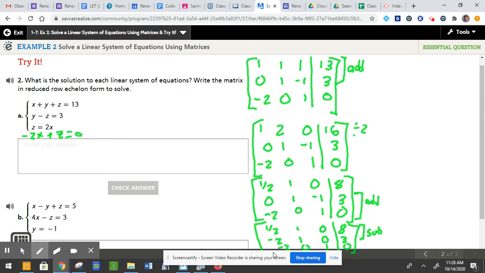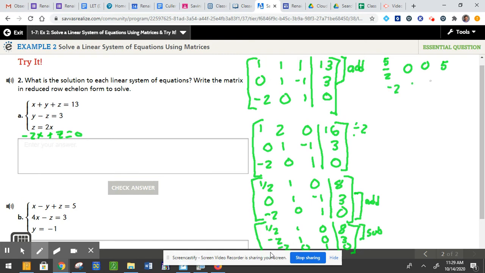So 1/2 minus negative 2 would be 1 half plus 2, or 1 half plus 4 halves. So now that'll be 5 halves. 1 minus 1 is 0, which is what I wanted. And then that's a 0. And then the 8 minus 3 would be 5. And then the other row I'm not touching right now.